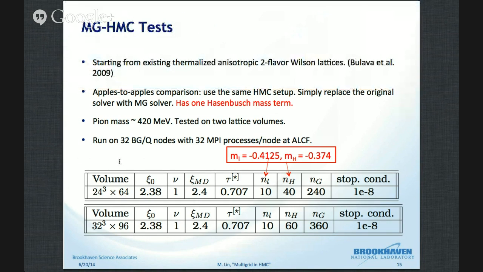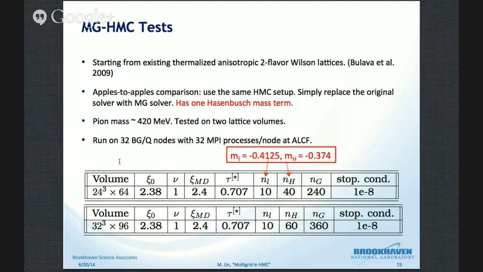So these are the tests we've done so far. We start from existing thermalized isotropic two-flavor Wilson lattices. These are very old lattices, with a results paper in 2009, so the gauge configurations were probably generated in 2008. And right now we just do plug and play.